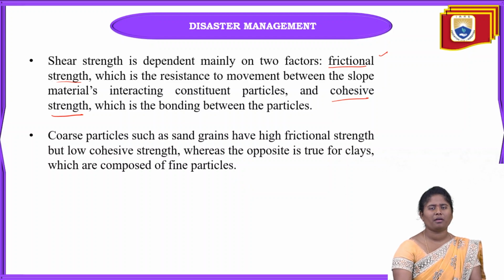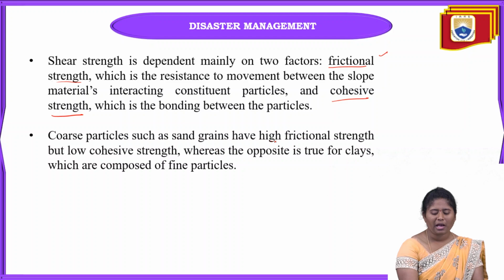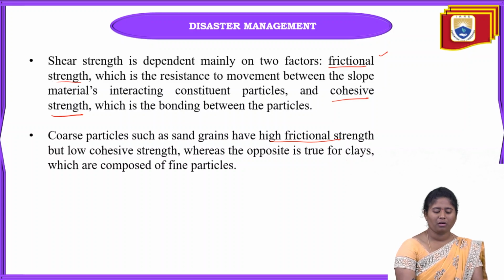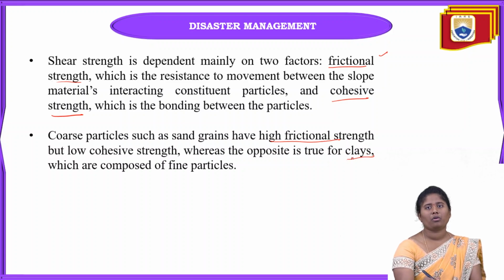Sand grains have high frictional strength, but clay has high cohesive strength. For clay, low frictional strength and high cohesive strength will be there. This clay is composed of fully fine particles, meaning its size is very small.